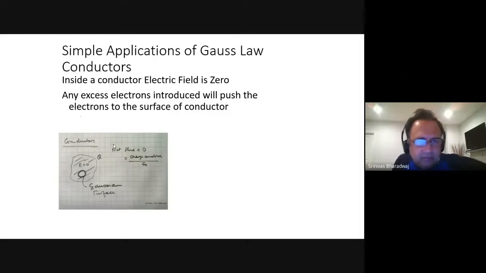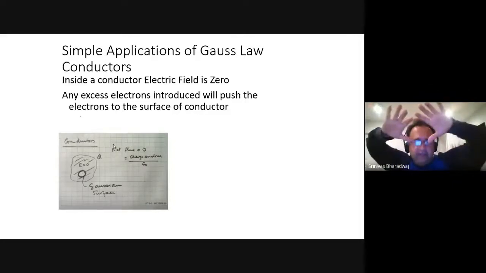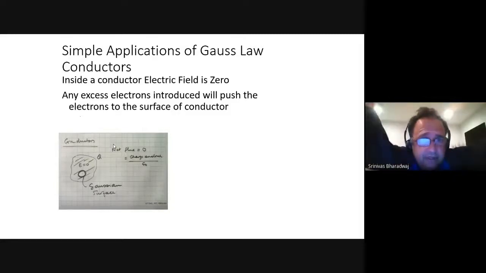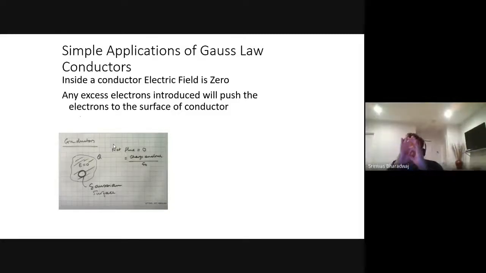When electrons flow in a conductor, they will go to the surface of the conductor. Inside a conductor, there is no electric field because of Gauss's law, because all the electrons will flow only on the surface of the conductor. So if this is a conductor, all the electrons will only be on the surface side, and they will flow on the surface.